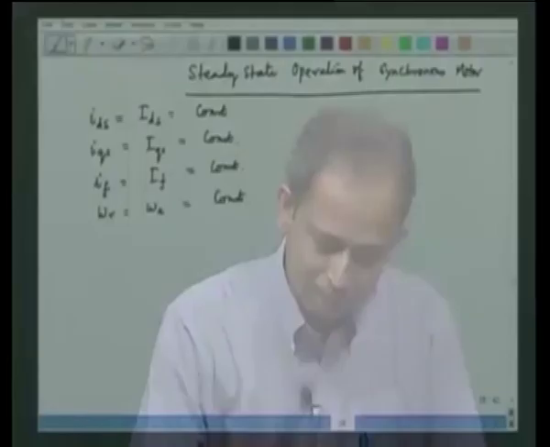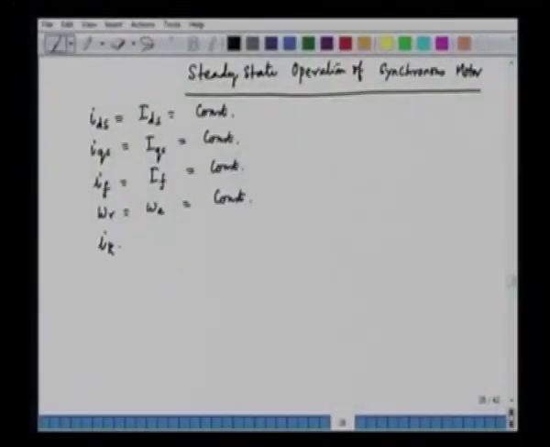So, we can assume here that Ikd is equal to Ikq, these are 0, and under this condition we had evaluated the torque in the last lecture, and the torque is the steady state torque of a synchronous machine, and we can express this steady state torque in the following way.